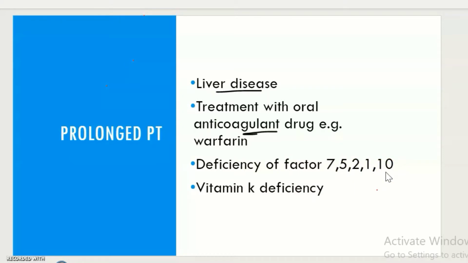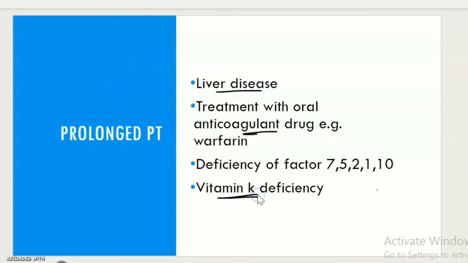If the patient has a deficiency of clotting factors, which are the factors that make the clot, the clot will not form. That's why the blood takes too long to form a clot.